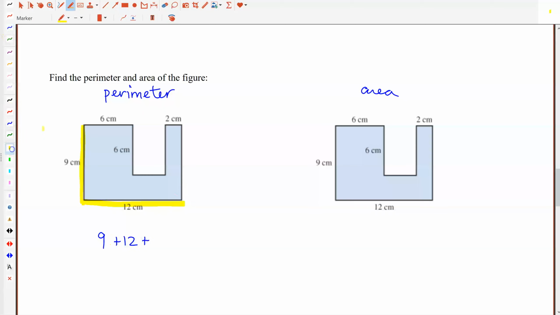Now, if I come up to this side, this is unlabeled, but we're going to assume these are all right angles. So however long this was over here on the left will also be how long this is on the right. So if this was 9 centimeters over here, this will be 9 centimeters over here. All right, across the top is 2.